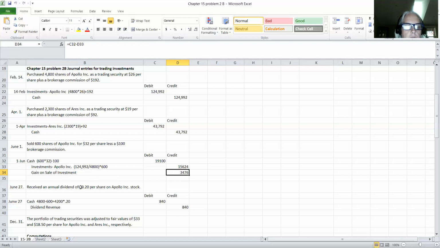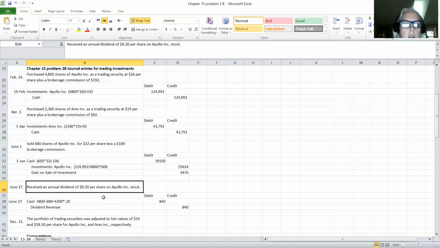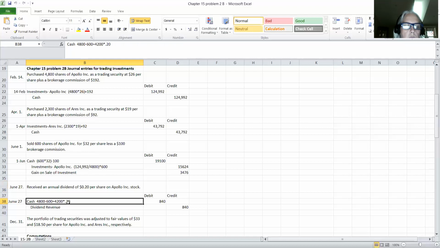So in the next transaction, when we're receiving an annual dividend of 20 cents per share on our Apollo Incorporated stock, we can only receive the dividends on the total amount of shares that we own at this time, because we sold 600 of the 4,800 we had originally purchased. The difference of 4,200 will be multiplied by 20 cents per share to get the cash amount that we would receive as the annual dividend on these stocks.